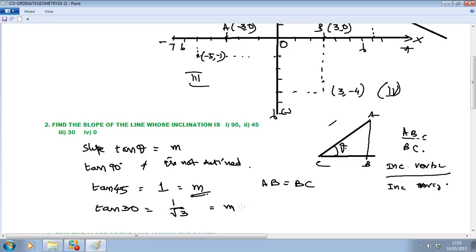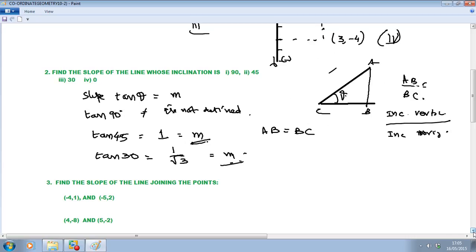So that is the value of m. Slope is m. What about now tan 0? Tan 0 is 0. So slope m is equal to 0. Slope m means A will coincide with B. So AB is 0. 0 divided by 1 is 0.